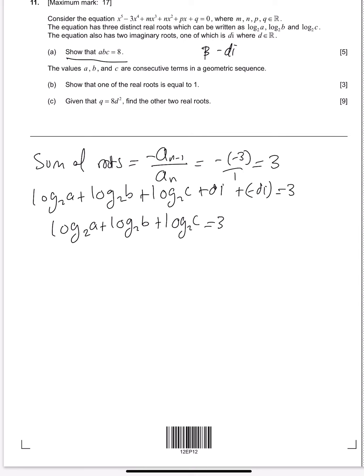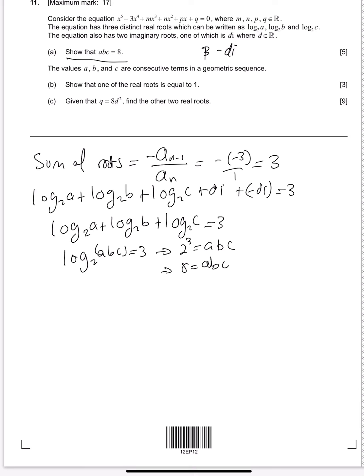So log base 2 of abc is equal to 3, which means that 2 cubed equals abc. 8 equals abc, which is what we were asked to show.